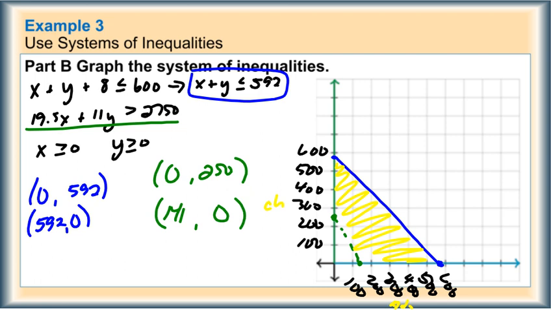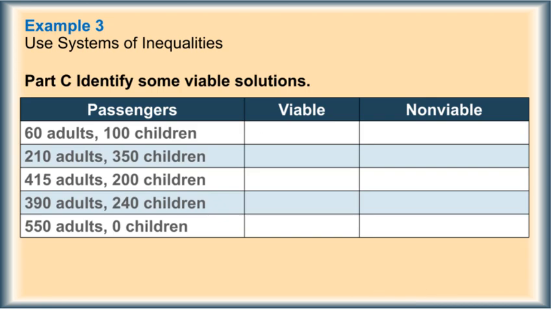So if I did, let's do red, 60 and 100 would be roughly here. So that's not viable. So this would be non-viable.